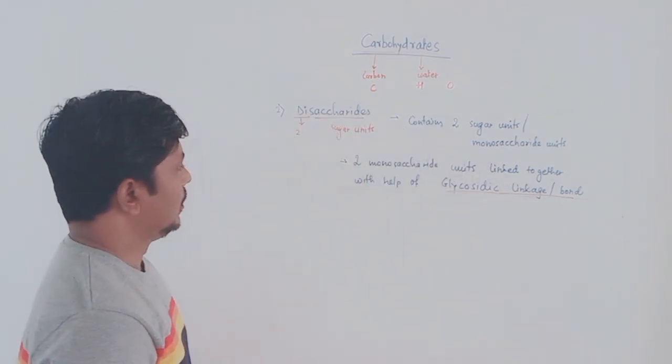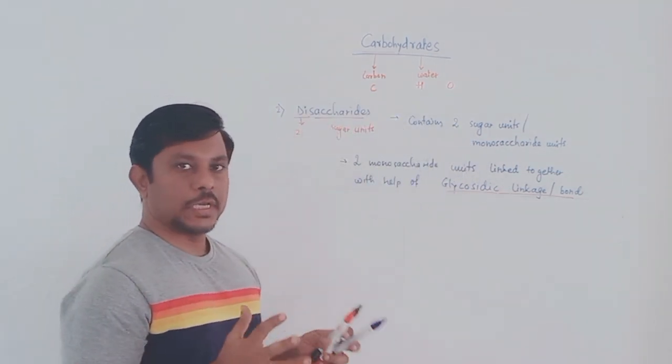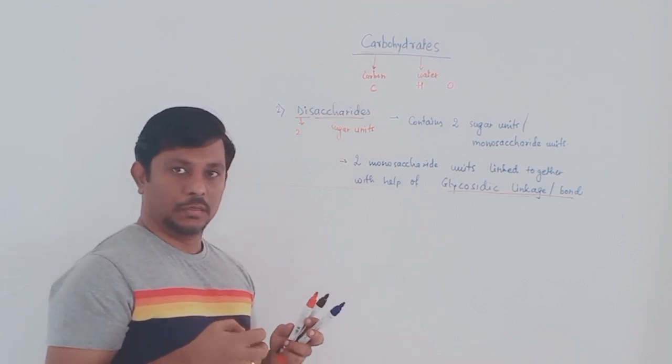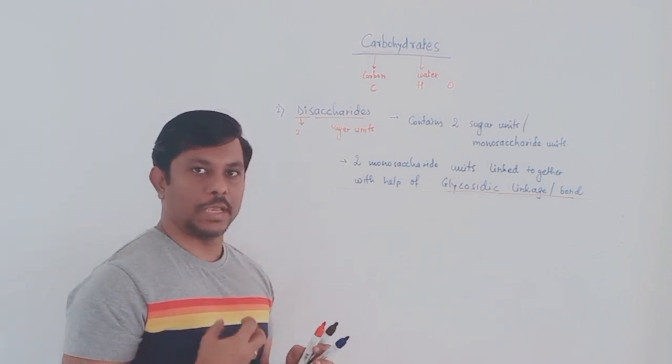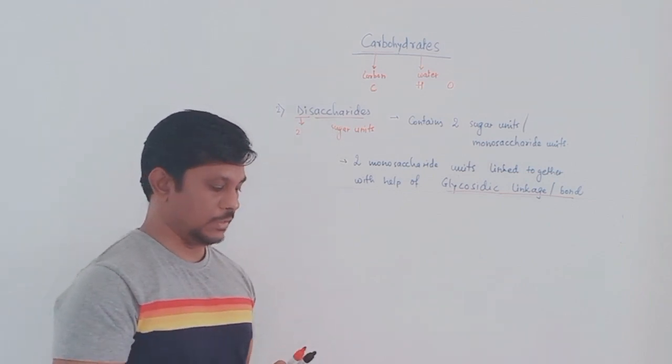So when the two monosaccharides get linked together with the help of glycosidic bonds, we get disaccharides.